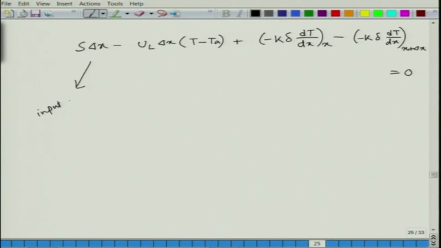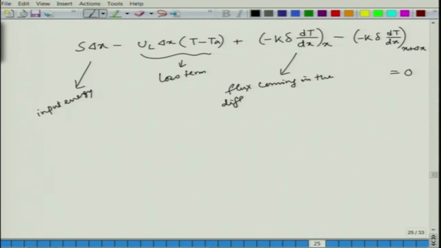This is the input absorbed energy for the plate, the input, and this is the loss term, and this is the flux coming into the differential element from the left boundary.